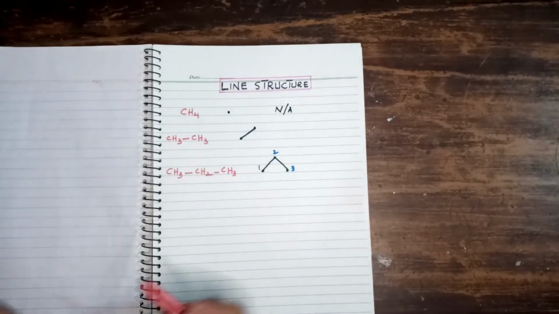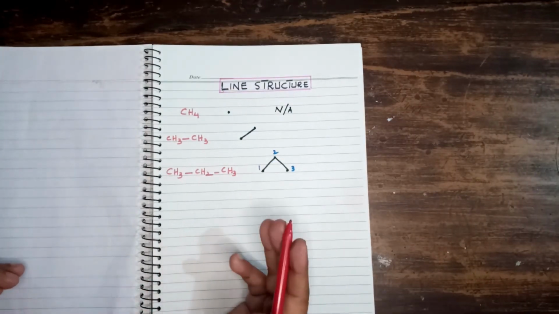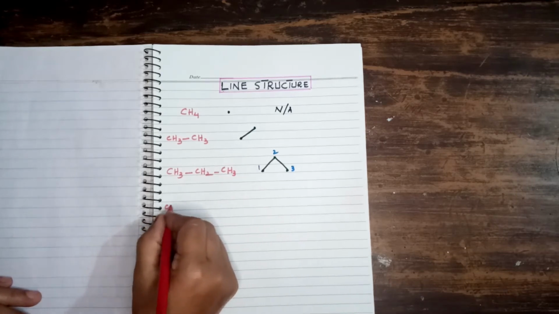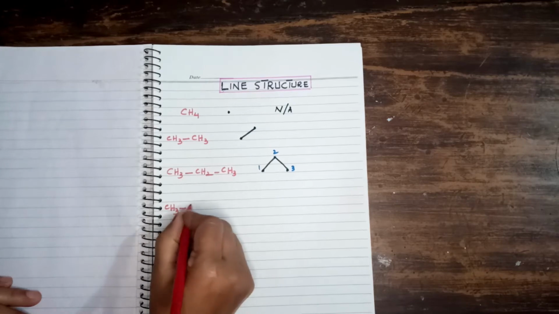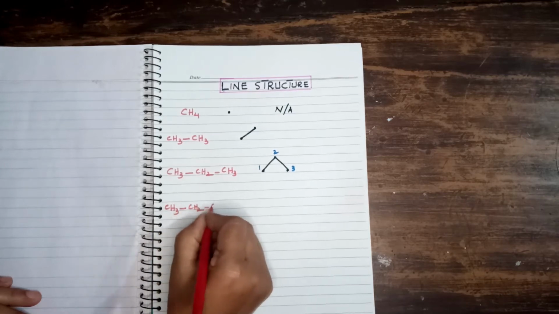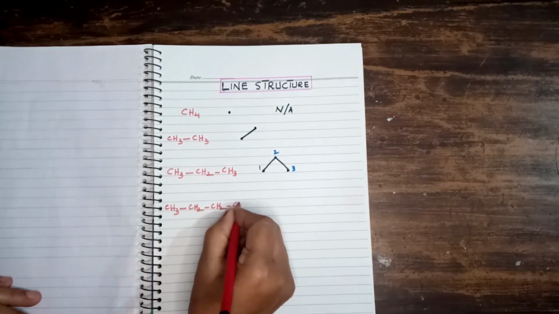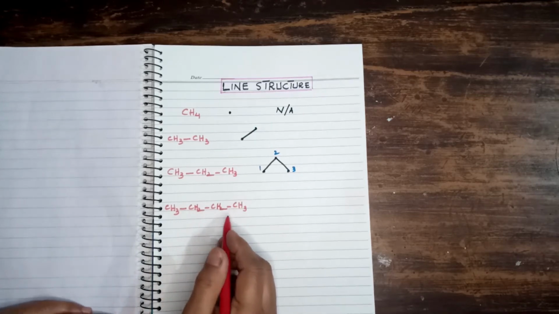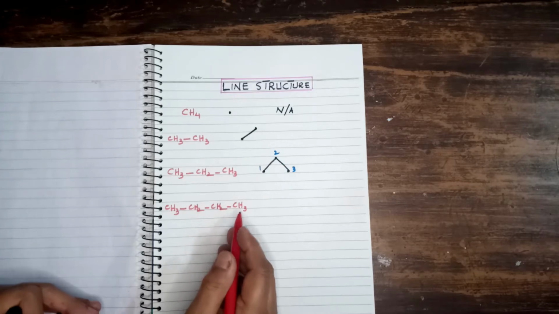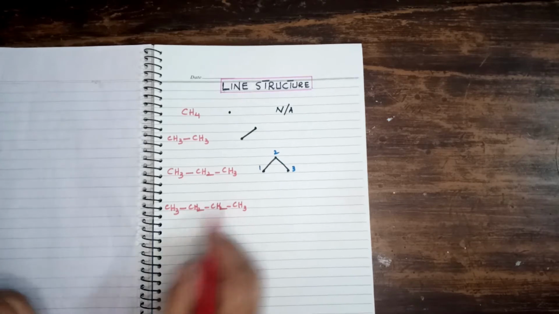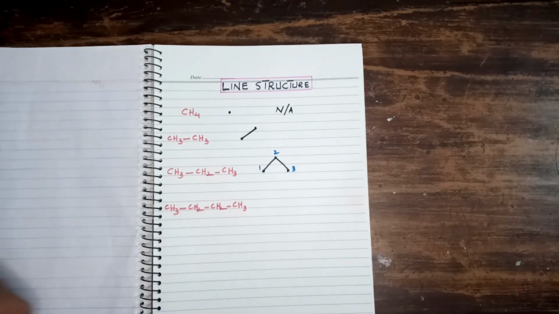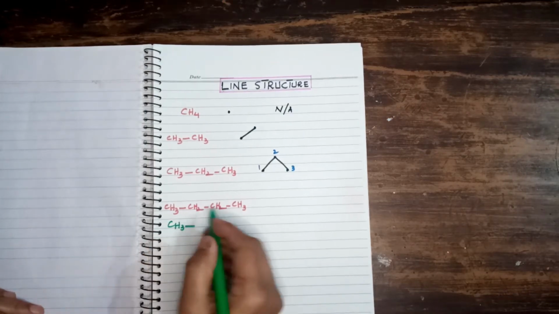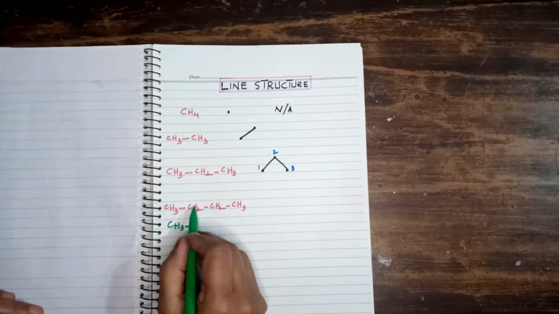For example, if we have a compound made up of four carbon atoms like butane, CH3, CH2, CH2, CH3, this is the structure of butane. We can also make the condensed structure of butane. Simply we write CH3 and count how many methylene groups there are.